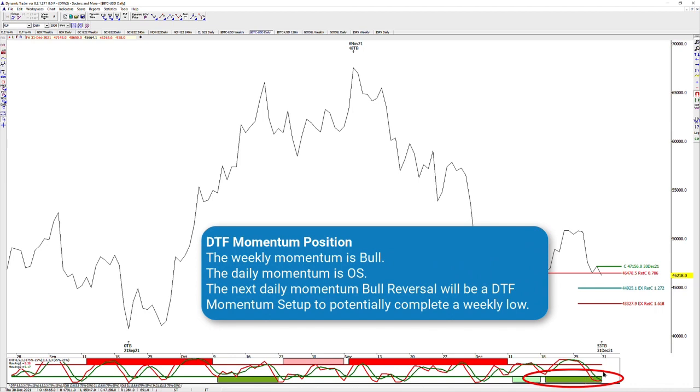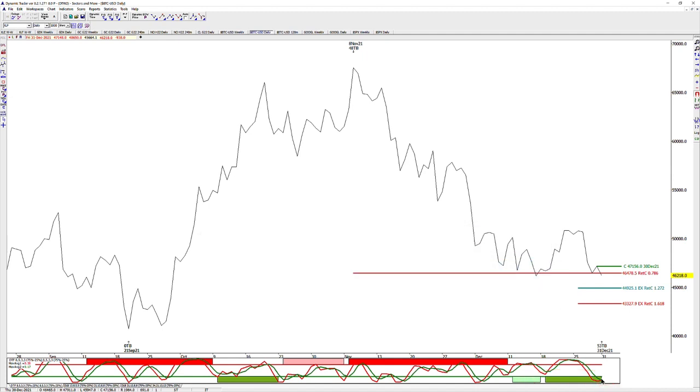And look at where the daily momentum is as of the last day of this past week. It's oversold. So this would indicate we're probably within a day or two, maybe 3, of completing a daily low, daily momentum bull reversal, while the weekly momentums have already made a bull reversal. So this is a great setup, probably at least, in the next few days.